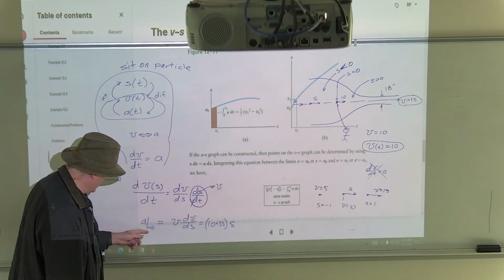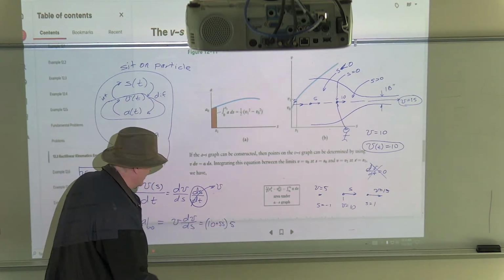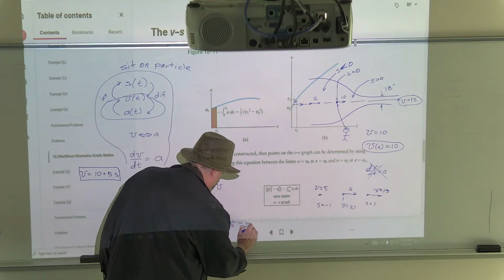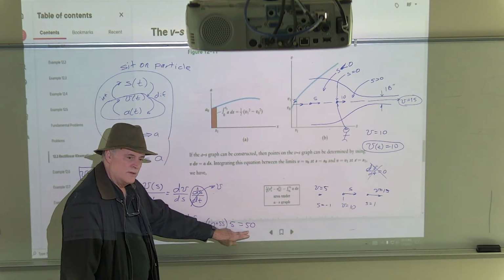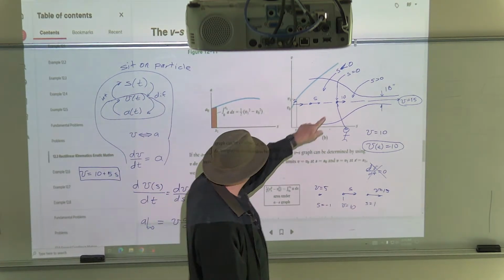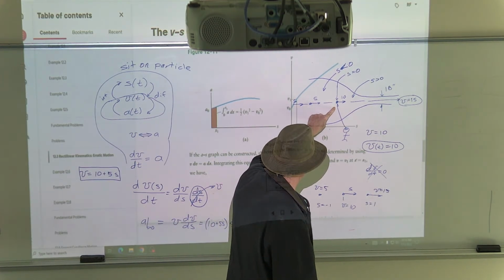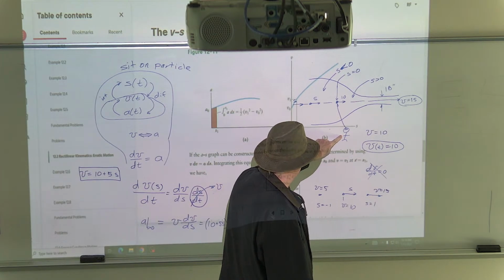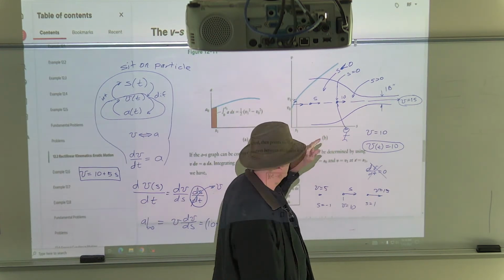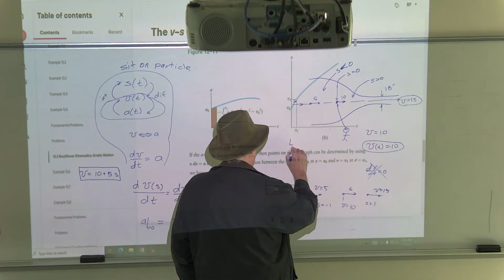And if you put in s equals 0 there, you're going to get an acceleration of 50. So even though the guy sits there and stares at this and sees that the thing doesn't change with respect to time, he can't conclude that it isn't accelerating, because he is looking at, it's what's called Eulerian.